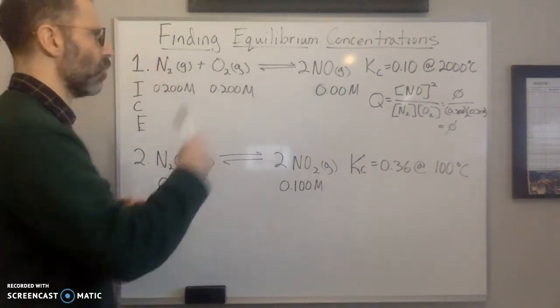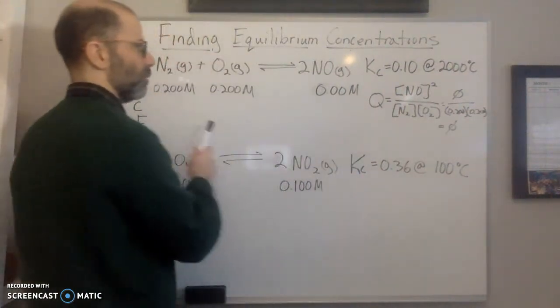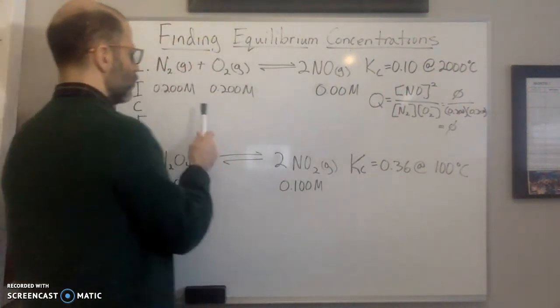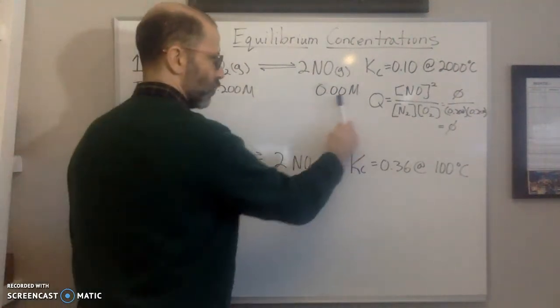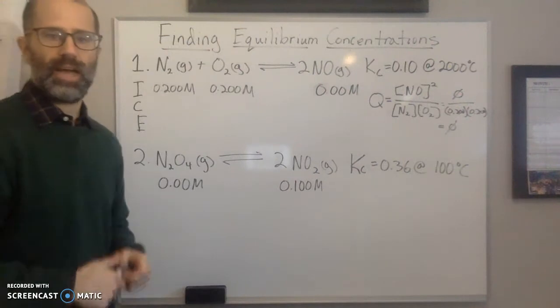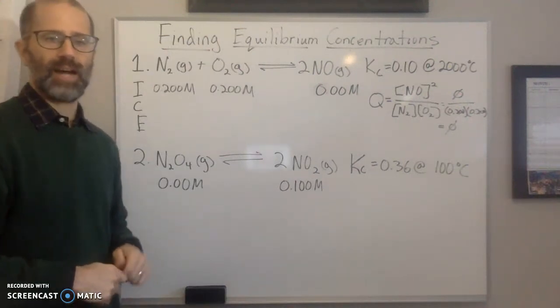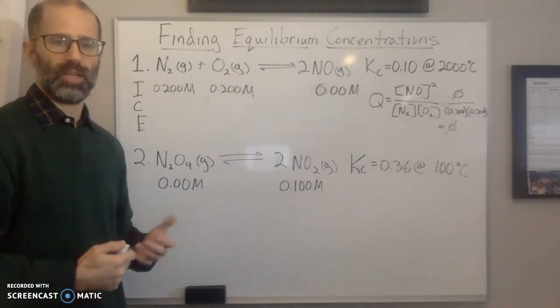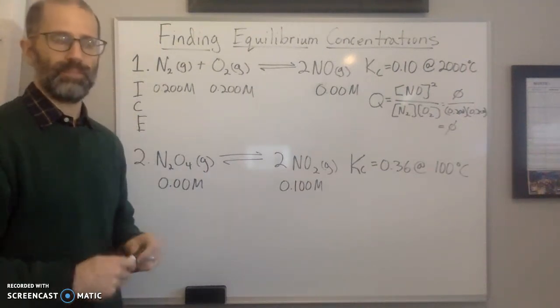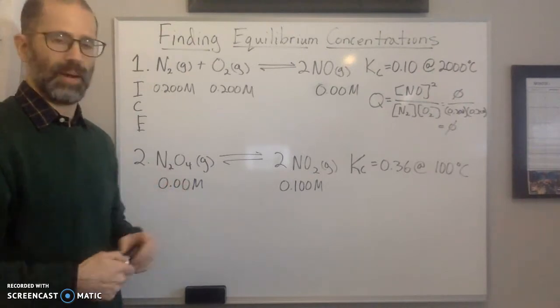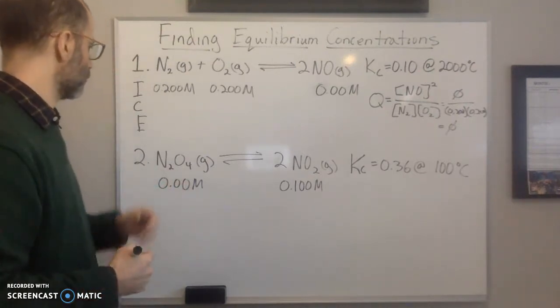Now that we know which direction we're going, the change over here is going to be negative, and the change over here is going to be positive. We're going to represent that change by the variable x.